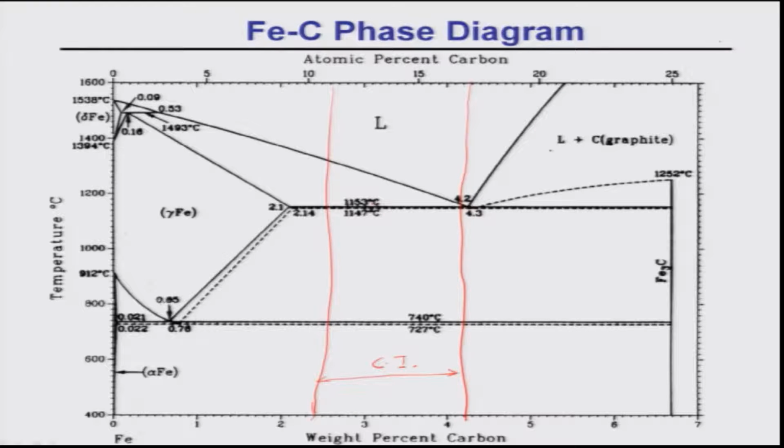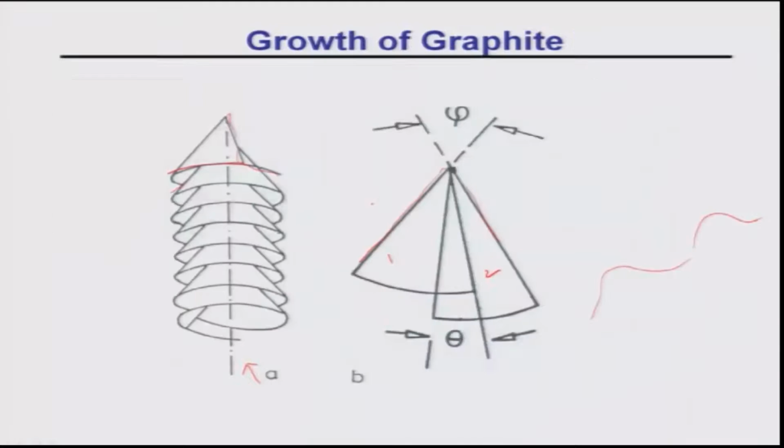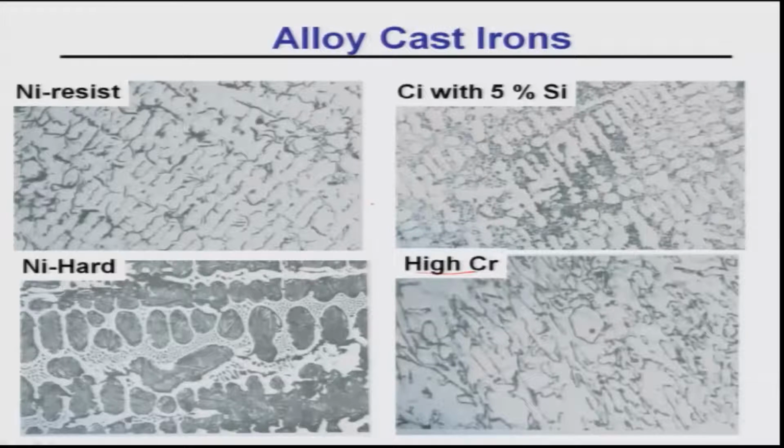So that means nickel addition will make graphitization easier, because the higher temperature one is the eutectic of liquid going to gamma plus graphite, and the lower temperature one is liquid going to gamma plus cementite. If the difference between these two increases, then predominantly graphite and gamma as the eutectic phase will form from the liquid. That is why nickel is normally thought to promote graphite formation, graphitization.